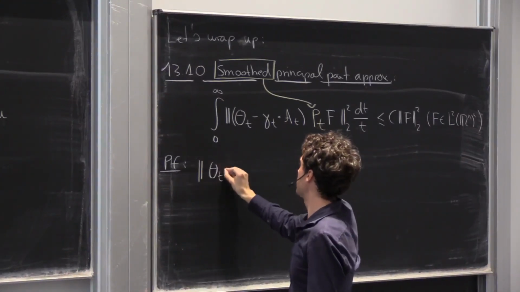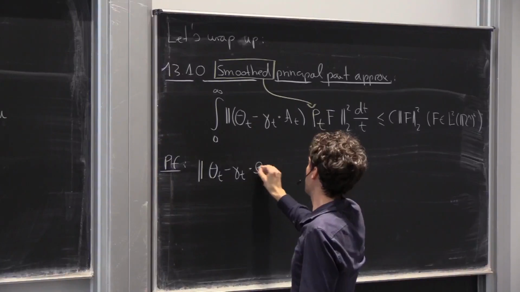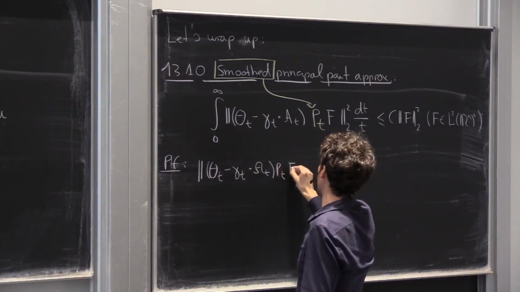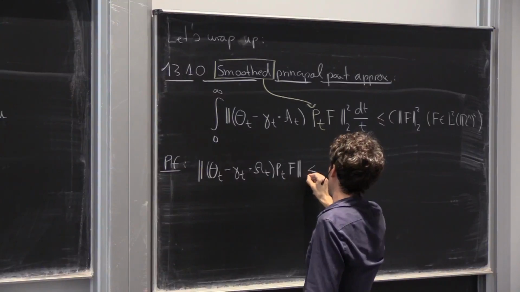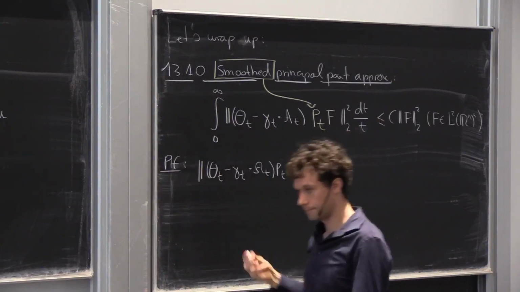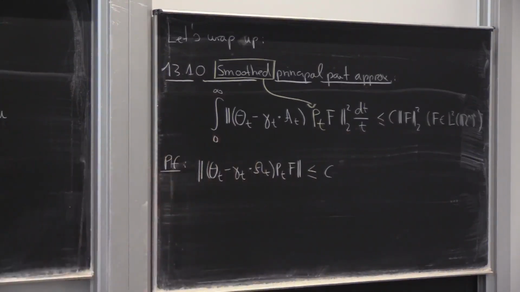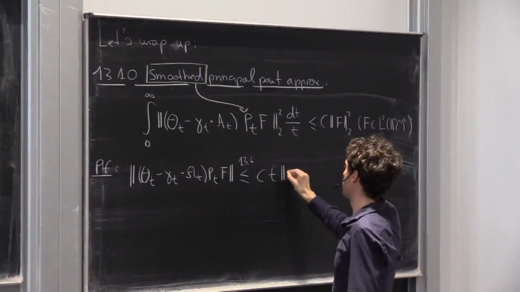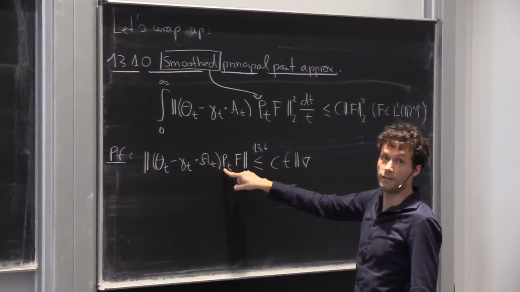I look at the function inside of my square function. I apply the lemma. The lemma, which number was it? The one that we have up there, 13.6. 13.6 is going to give me constant times t times the gradient of whatever I put here.